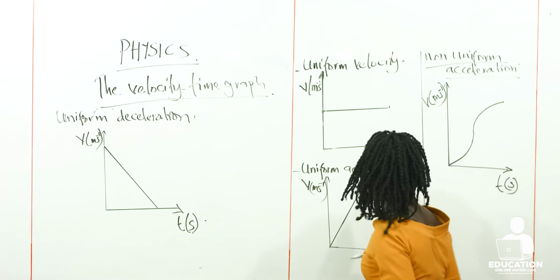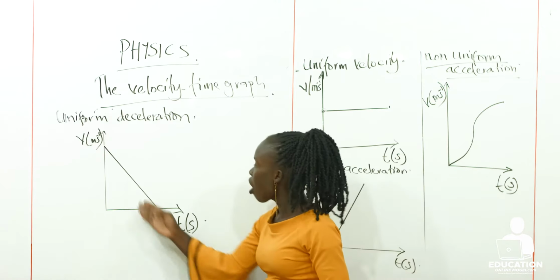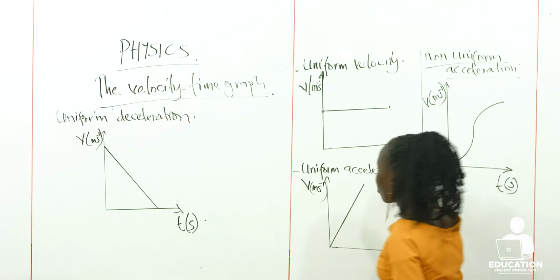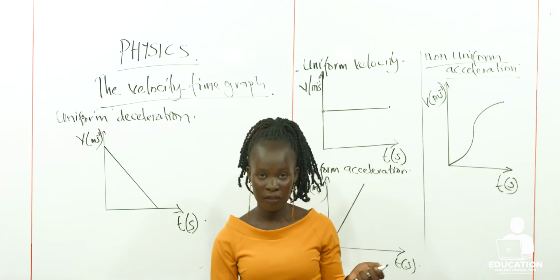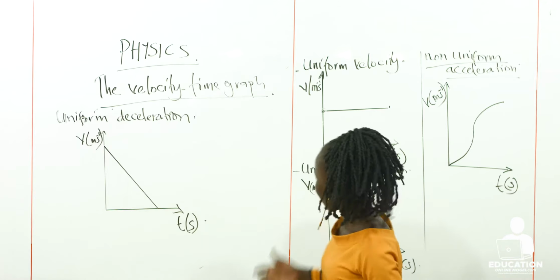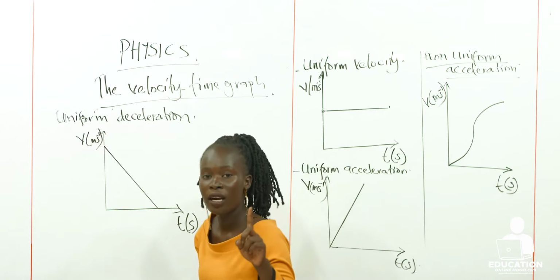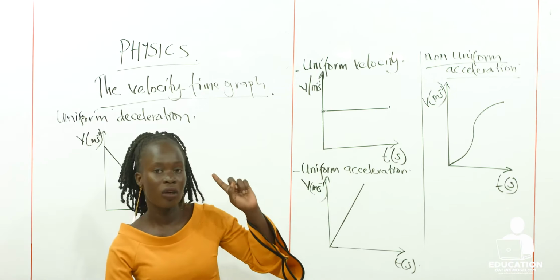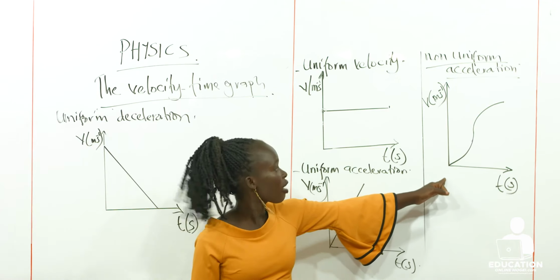With this, you can still get the slope of the graph, because for all the graphs we've drawn here, we can still get the slope. We shall see how we do that. So you see that all these graphs can be combined to form one graph, not including the non-uniform acceleration.